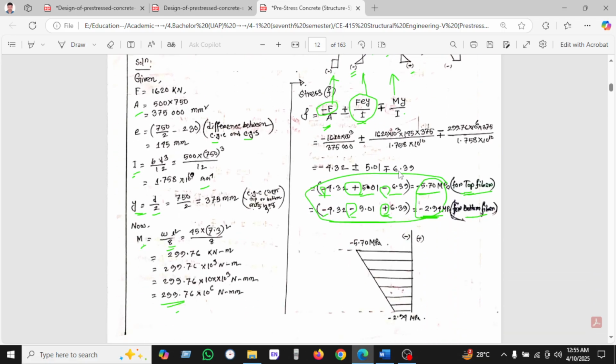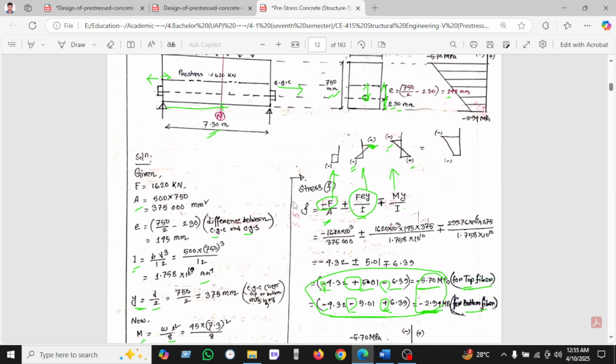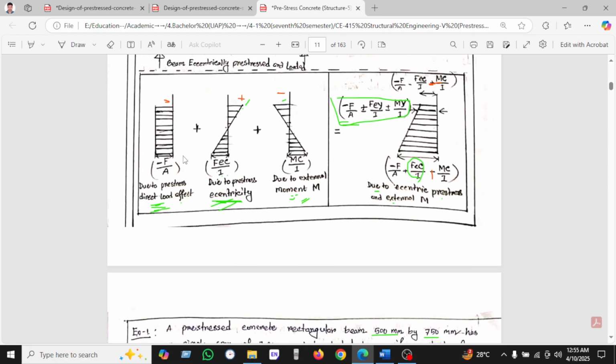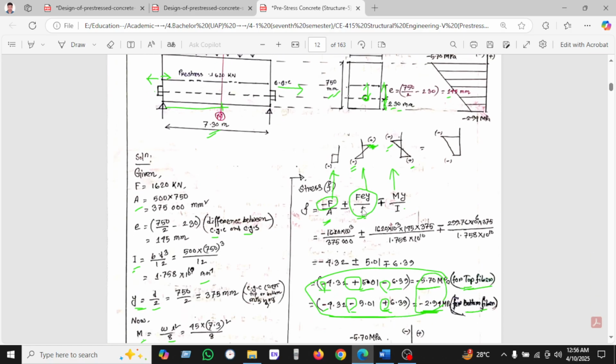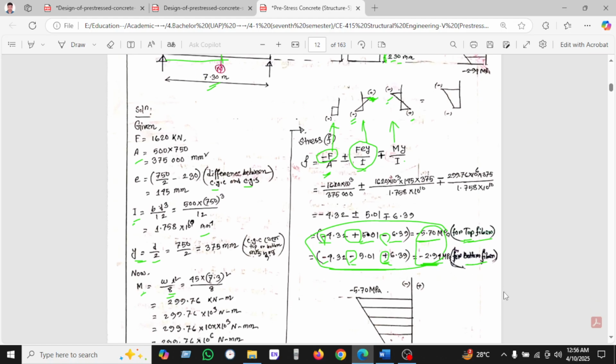Then we saw the example of the first concept and found the top and bottom stresses here. We saw that F is always minus. Why? Because it is prestress, the tension is applied before casting, that's why it is always minus in prestressed concrete: minus F by A, minus F e by Z, and we will find the top and bottom stress.